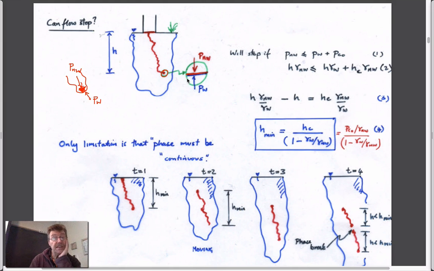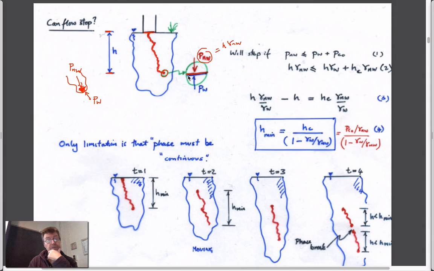And we can do the same kind of analysis we did before. If we go down all the way from the surface through this red fluid, and the pathway gets us all the way to this tip, then we can get the fluid pressure of this non-wetting fluid that acts here just by the depth of this tip relative to the surface, multiplied by the unit weight. And so this is just going to be equal to H times the unit weight of the non-wetting fluid.